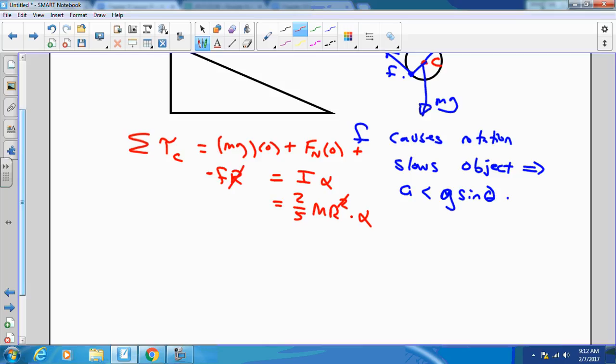And so we conclude, therefore, canceling one factor here, that r times alpha is equal to the tangential acceleration, and therefore the acceleration is going to be equal to negative 5f over 2m.